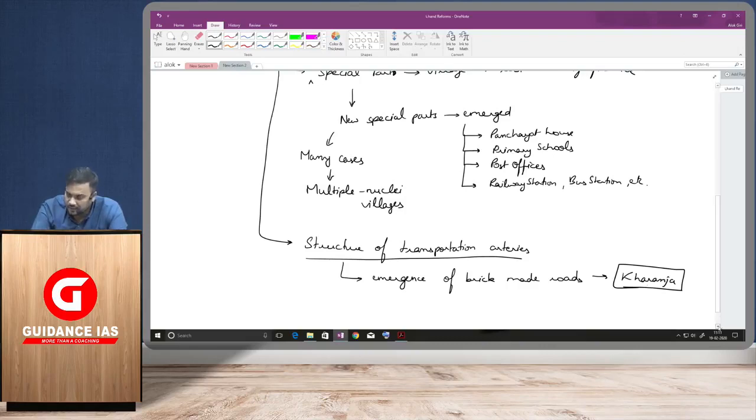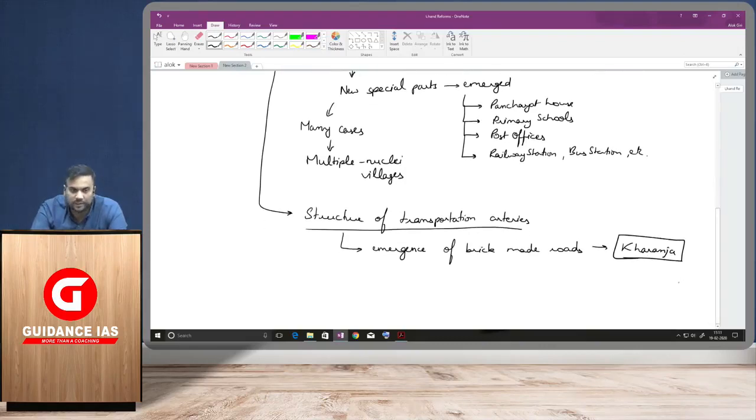Okay? So I still remember when I was small, when it used to rain, it was very difficult to go out. Why? Because फिसल जाओगे. It was simply bare land, and because of the water, because it is alluvial land, it was too much slippery. Now because of the emergence of these brick made roads, it has become comparatively easier to walk even when it is raining.